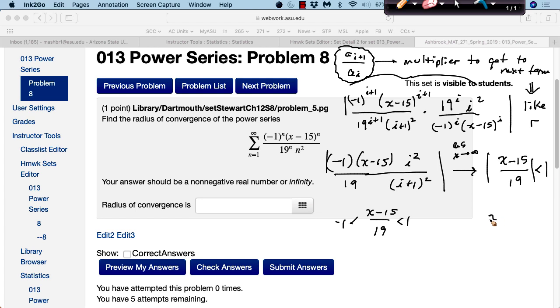That means x minus 15 is less than 19 and greater than -19. Are we good? Finally, x is going to be less than 34 and greater than -4.